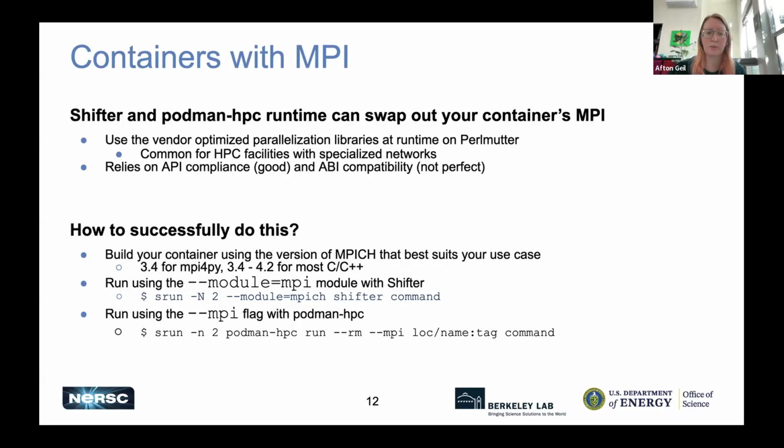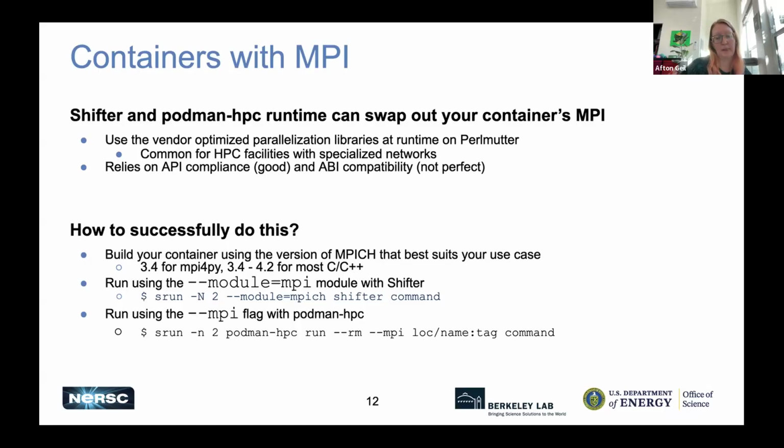If you're using Python, mpi4py, generally version 3.4 of MPICH is the best, and depending on the C, C++ or Fortran code you might be running, you might use 3.4 or 4.2, but you can choose the version.